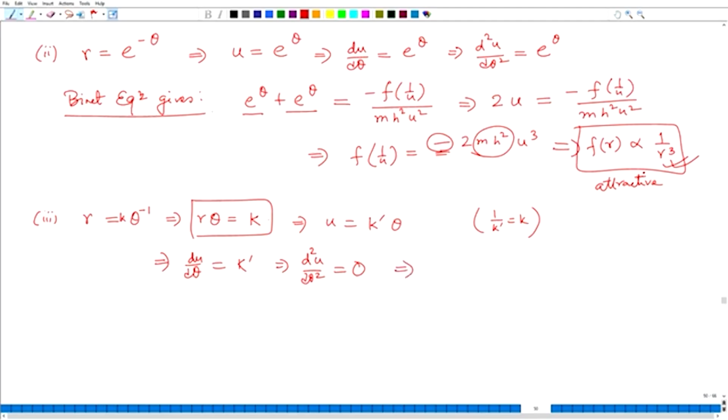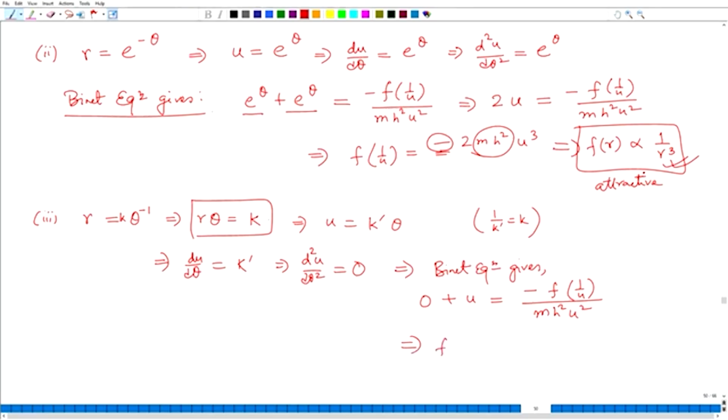And that is why finally you again have Binet equation giving zero plus u is equal to minus f of 1 by u over m h square u square.